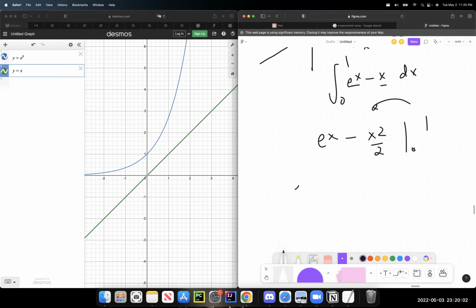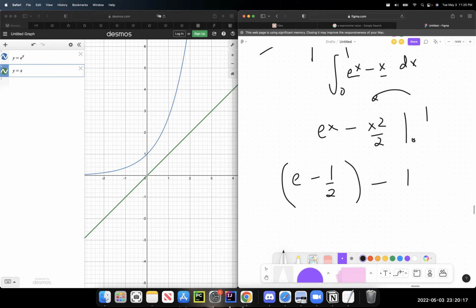Plug in the top bound first, that's e^1, which is just e, minus 1/2. Subtract the bottom bound, which is e^0 minus 0²/2, which is 0. So it's just e^0, which is 1. So it's e minus 1/2 minus 1. You'd work this out, and that would essentially be your answer.